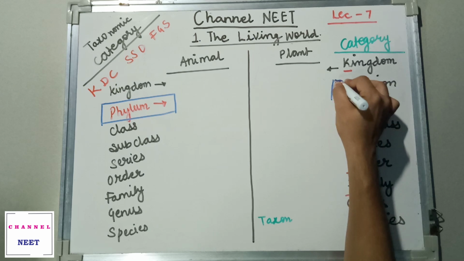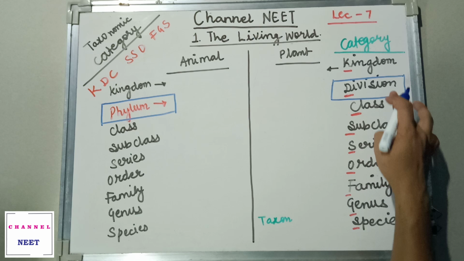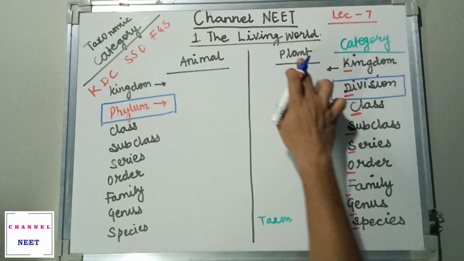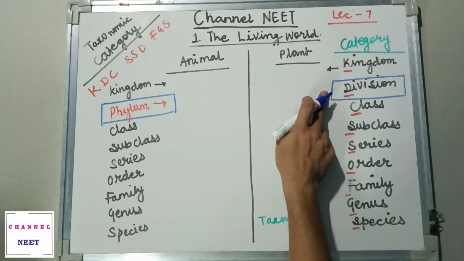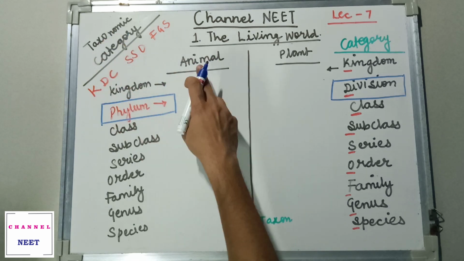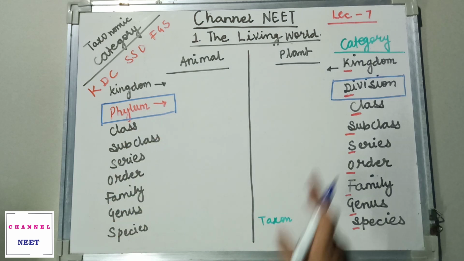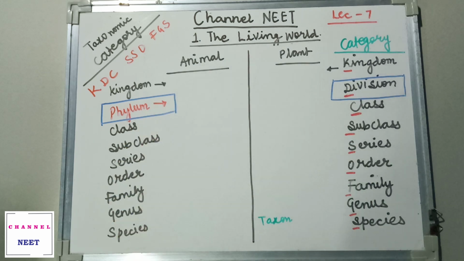The only change while classifying an animal in the taxonomic category is phylum and division; these two things you should remember. The word division is used in plants while classifying the taxonomic category, and in animals phylum is used instead of division. Rest all is the same. This you should remember by heart.